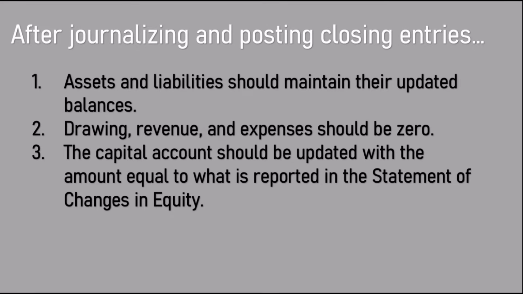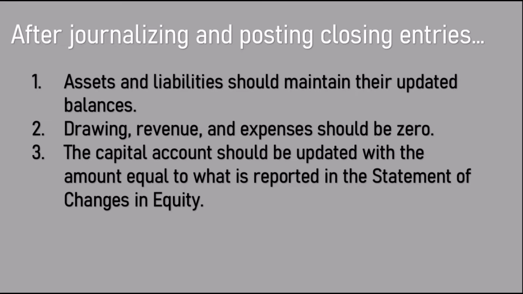Okay, so after we have done journalizing and posting all of our closing entries, make sure that this will happen. If you look back to your ledger, your assets and liabilities should maintain their updated balances. And remember, all of our nominal accounts, which is drawing, revenue, and expenses, should be zero.